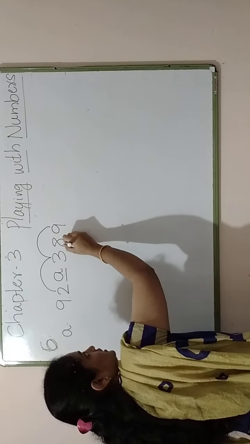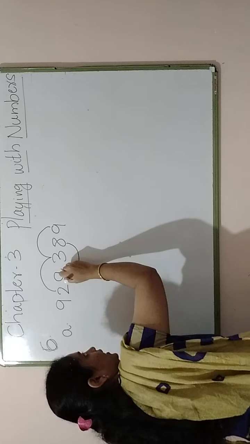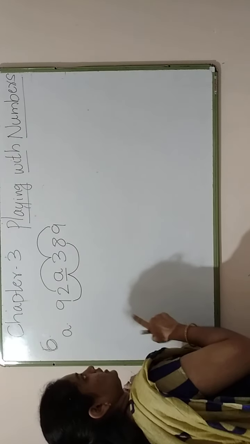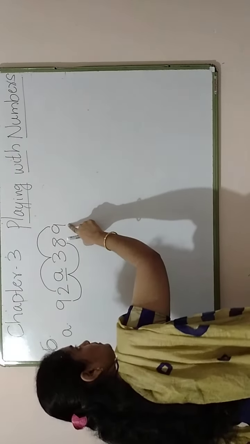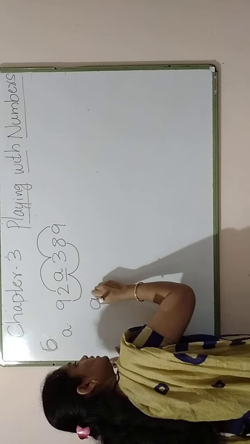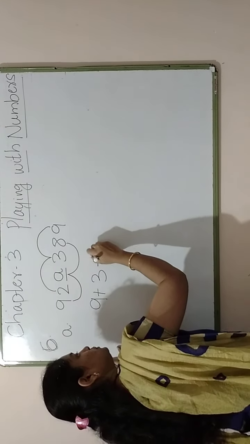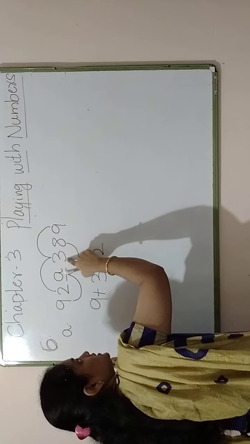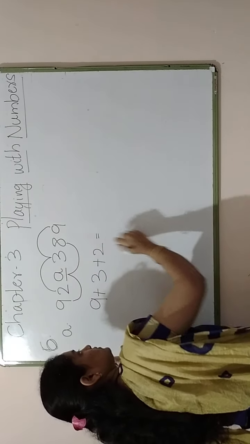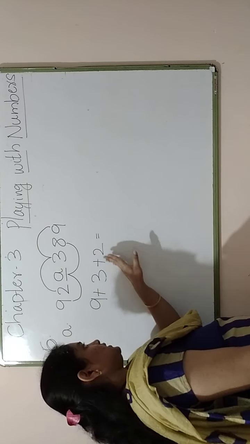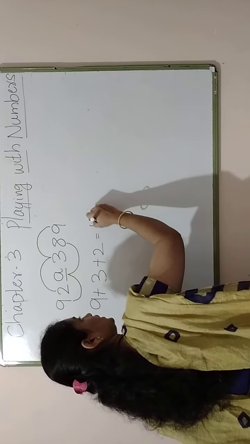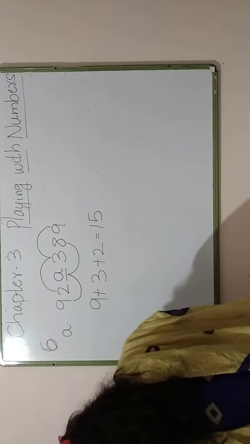Even places numbers 8, 9. Okay, now first we will write the number 9 plus 3 plus 2.